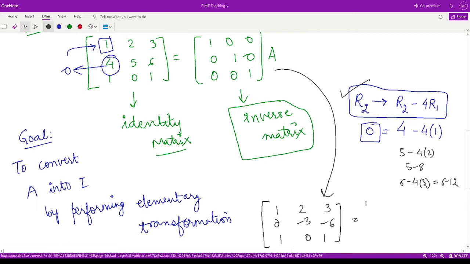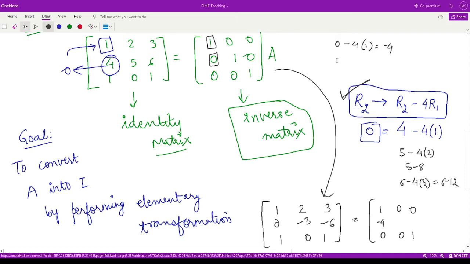On the right hand side, again, the first row would be as such, the third row would be as such, and here the second row, what would be that? Again, we have to apply this operation onto this. So your first element would be R2, here, this is the element. So 0 minus 4 times R1, that is 1, which is equal to minus 4. So we write minus 4 here.